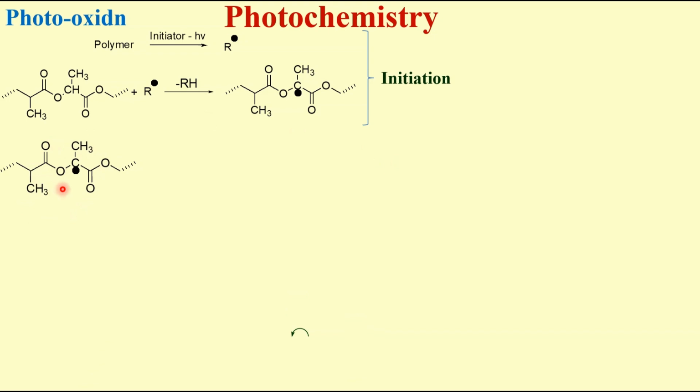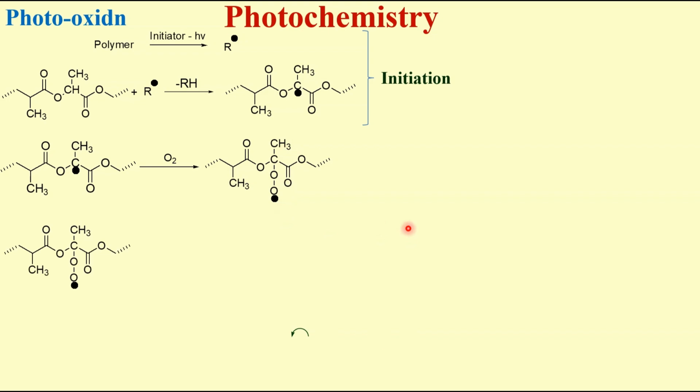The radical which is formed over here reacts with oxygen to give the corresponding, or if I consider the whole molecule, P radical, ROO radical. The ROO radical reacts with the polymer, takes away hydrogen as a radical and gives rise to P radical and OOH, peroxy compound.